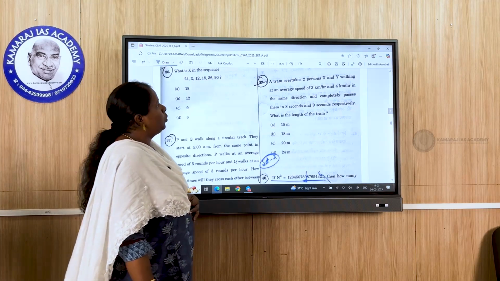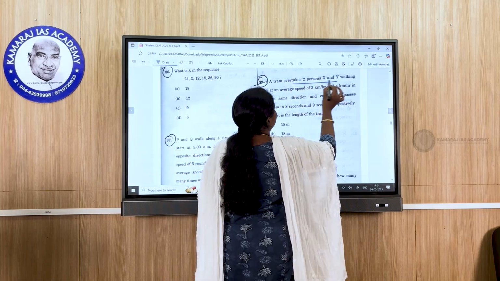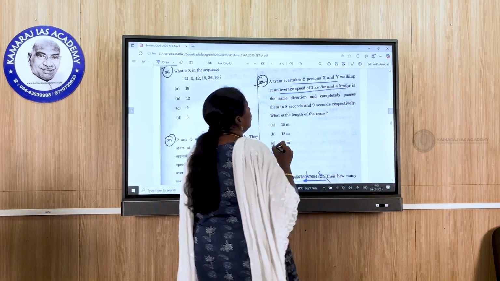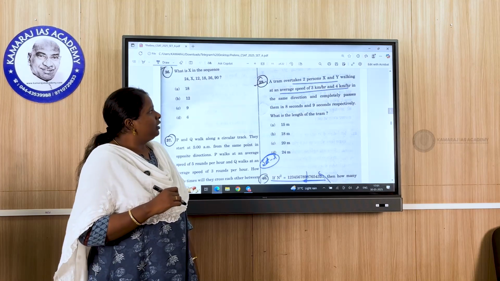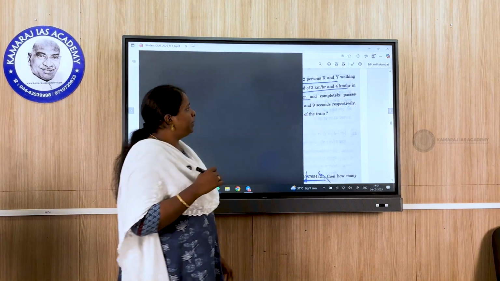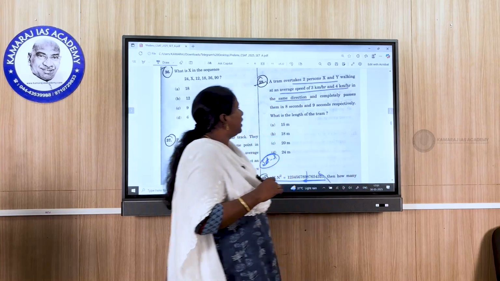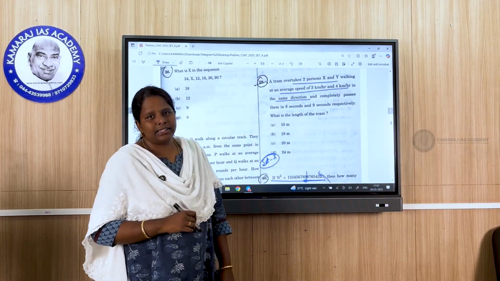A tram overtakes two persons, X and Y, walking at an average speed of 3 km per hour and 4 km per hour. They are moving in the same direction, right? And it completely passes them in 8 seconds and 9 seconds, right?